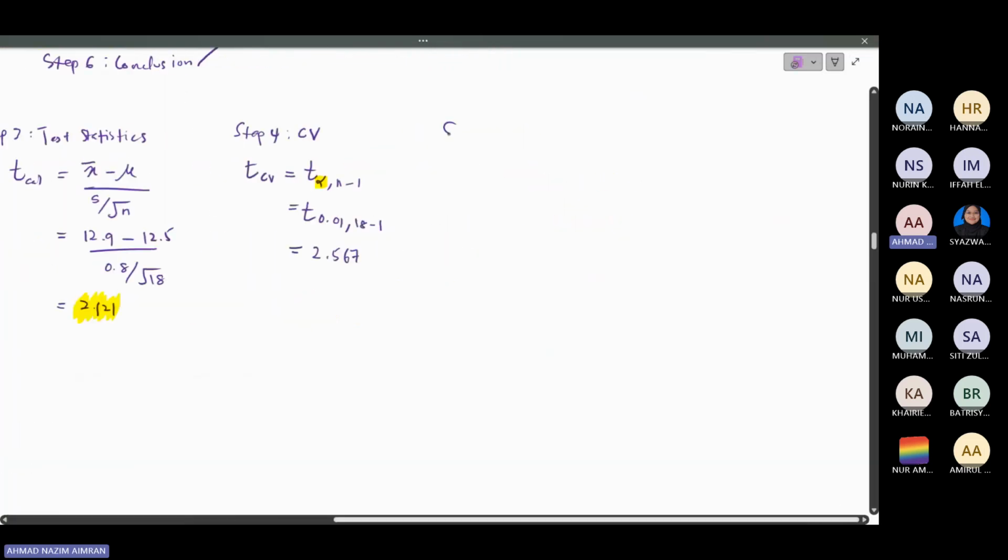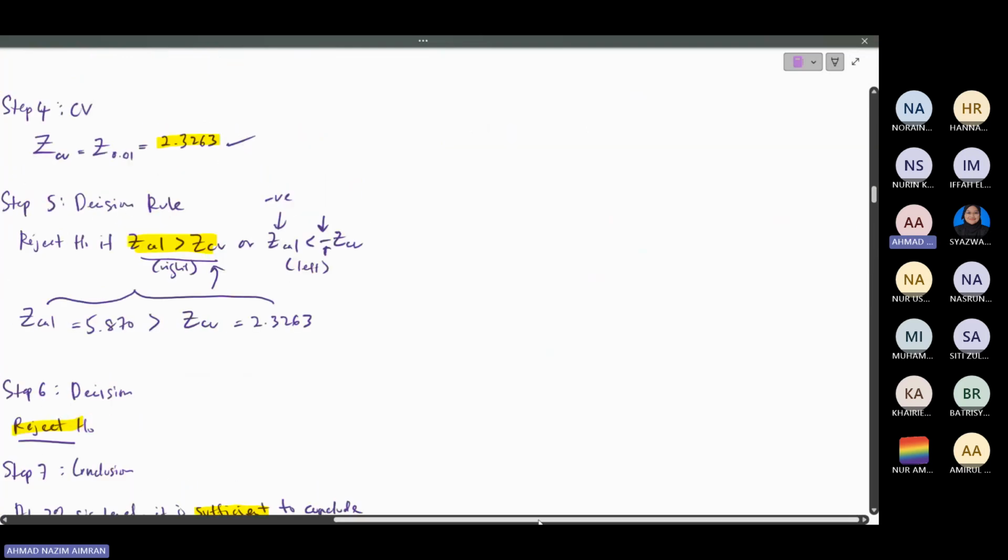And step 5 is the decision rule. You can check the table in page 3. Based on the table in page 3, I will show.